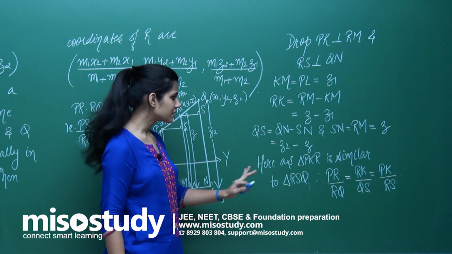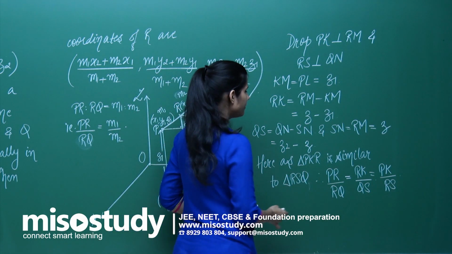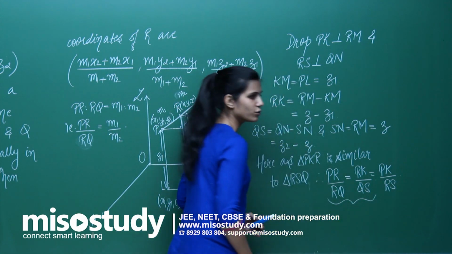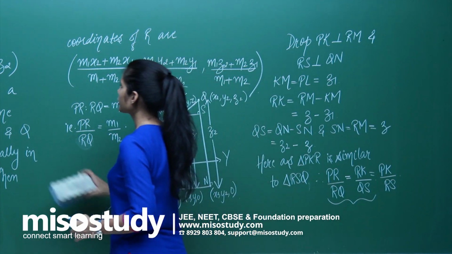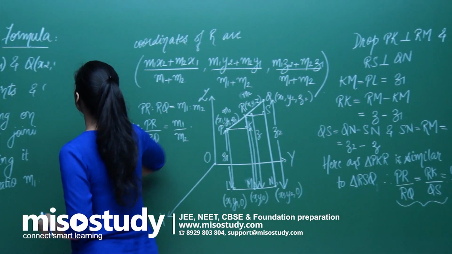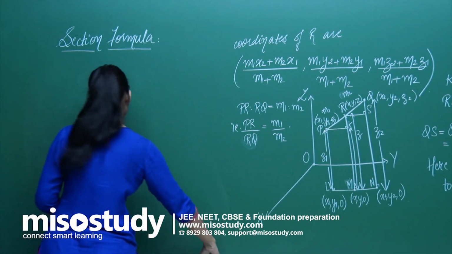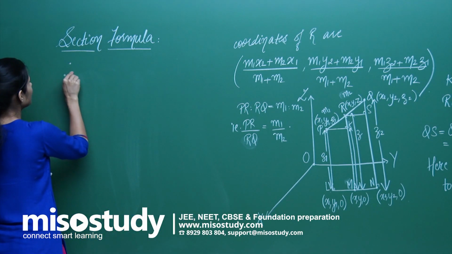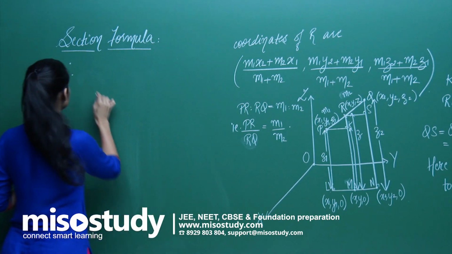That is the meaning of corresponding sides being proportional. Now just use this portion of the equality: PR upon RQ. What is that? You know PR upon RQ is m1 upon m2.